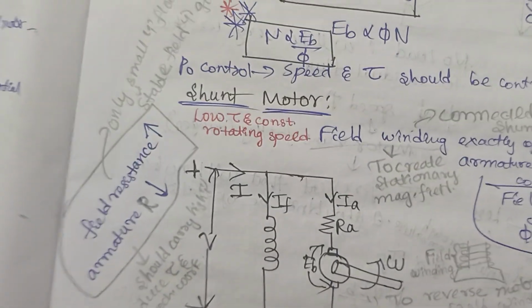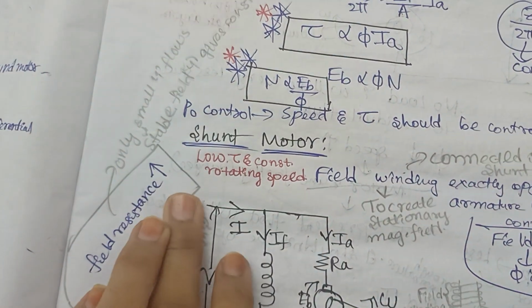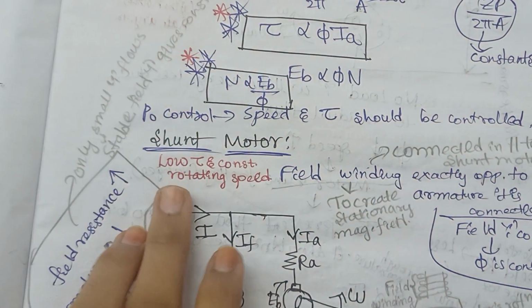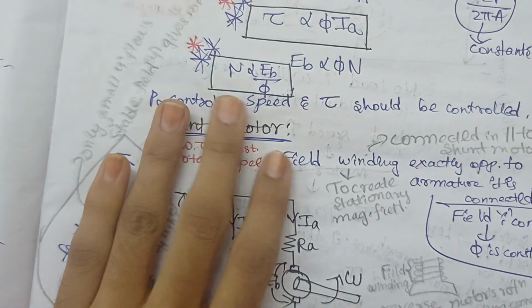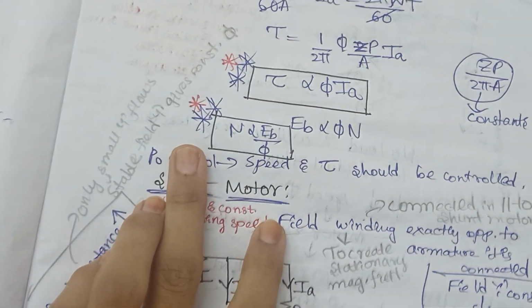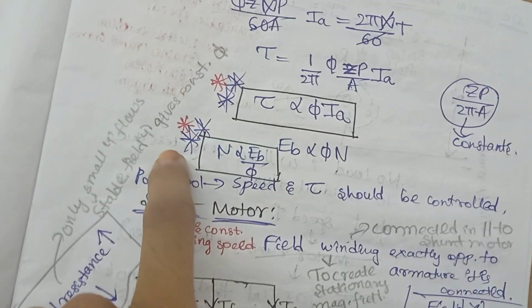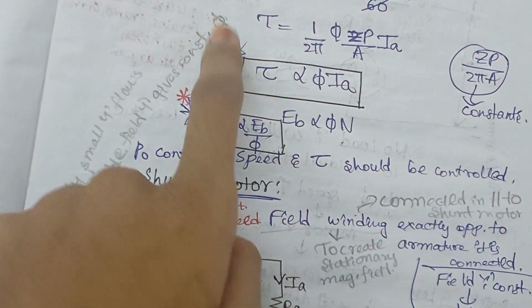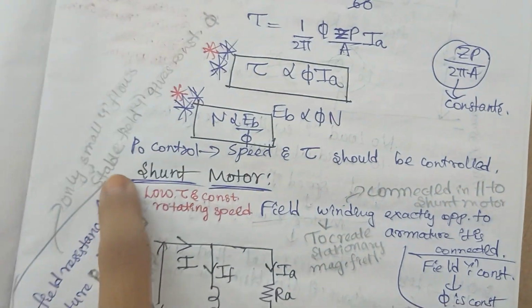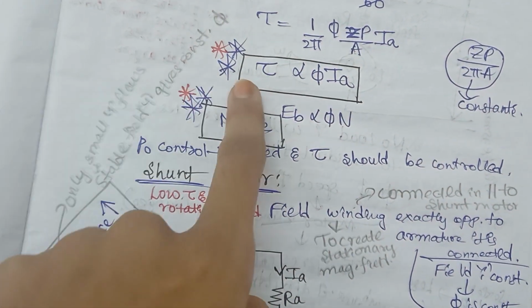So when your field resistance is higher, only a small current flows, and a small current will give you a stable field. Stable field current will give you constant flux.